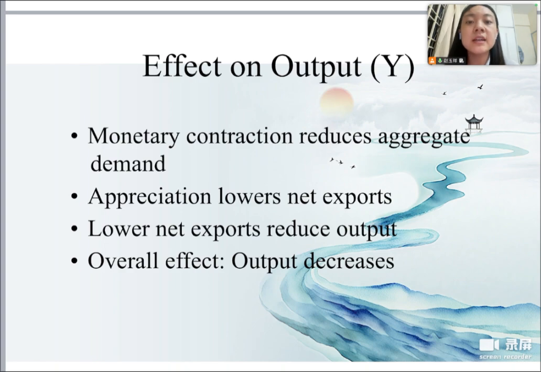As a result, net exports decline, which reduces aggregate demand. With lower aggregate demand, firms reduce production, leading to a fall in output. Therefore, contractionary monetary policy leads to a decrease in output in an open economy with a flexible exchange rate.